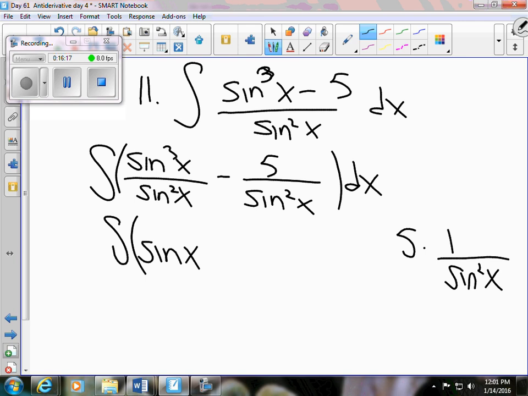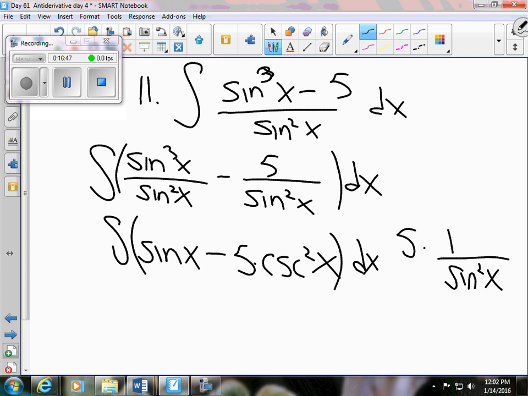So instead of 5 divided by sine squared x, we think of it as 5 times the reciprocal, which is cosecant squared x. Anytime you have something in the denominator, instead of dividing by that, you can multiply by its reciprocal. The reciprocal of sine squared x is cosecant squared x. Now we can actually integrate these.